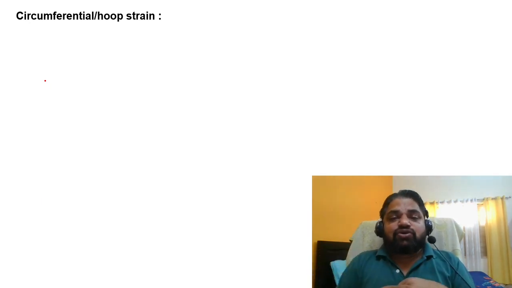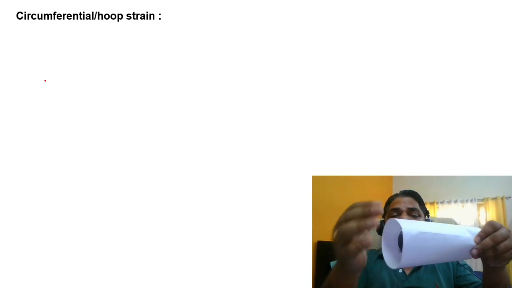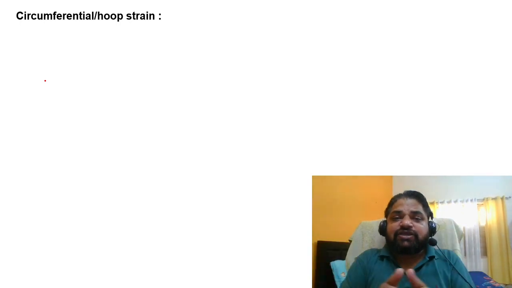As I just talked about, I am showing a cylindrical shell here. It is open from both sides, but it is not closed at the ends. In order to have the application, we have to close either one end or both ends. If I am closing it, then a connection or joint comes into the picture, like the riveted joint we just talked about.